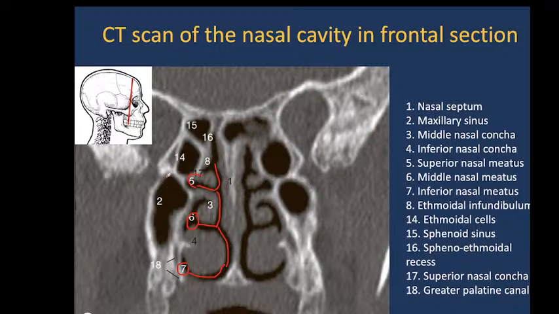Also, please take into consideration that this is part of the sinus maxillaris. This is a hole in the maxilla, and also visible are the structures of the orbits, two orbits, right and left.